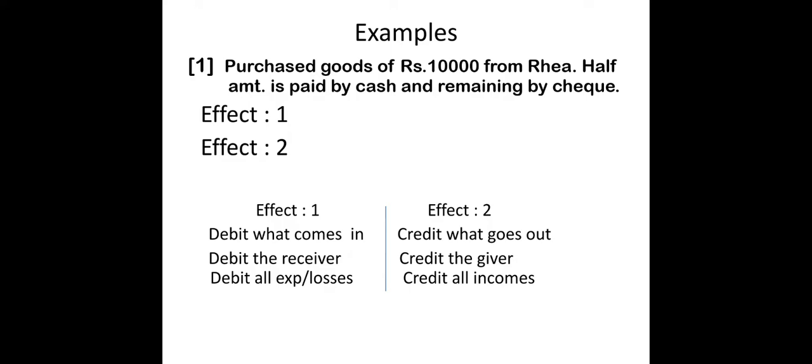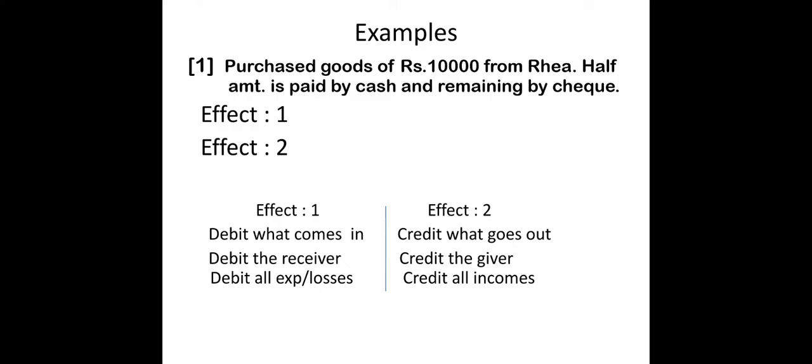Okay, students, so now we are buying goods from Ria worth rupees 10,000, but we are paying only half amount by cash, and the remaining half amount is paid by check. Okay, so there will be two parts of 10,000. Half, 5,000, will be given by cash to Ria, and the remaining 5,000 will be given by check to Ria.